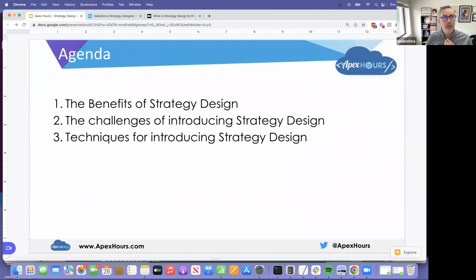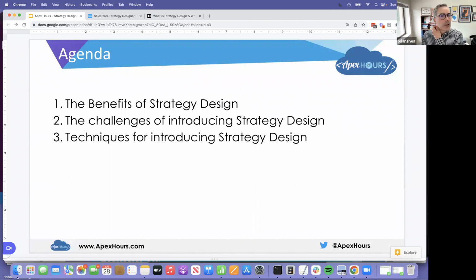Okay, so like I mentioned, this is the second of two sessions. Yesterday, we did an overview of what strategy design is, and we talked about the certification, how to study for it, how the exam works, all that. Today, we're going to do a quick summary of the benefits of strategy design, why it could be valuable to your work and to your organization.